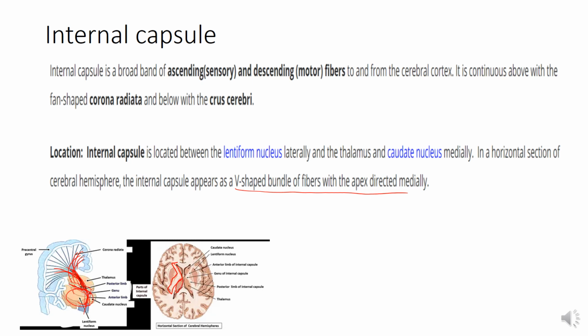Medially lie the thalamus, while laterally lies the caudate nucleus. So this is the internal capsule, and it consists of ascending and descending fibers to and from the cerebral cortex.